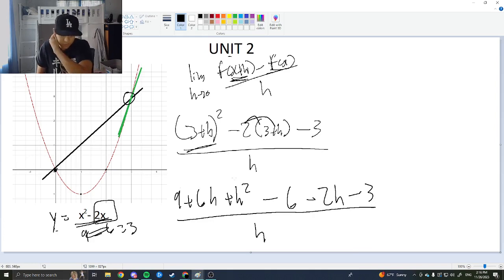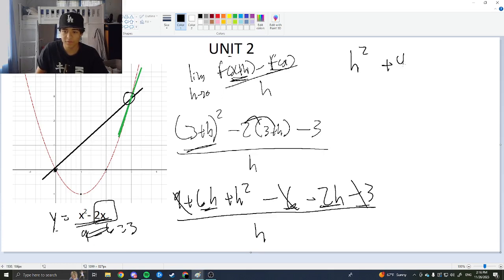And then this is algebra, we combine like terms: this negative 6 and this negative 3 cancel out with this 9, because it's 9 minus 9, so then you're left with h squared, and then 6h, negative 2h, plus 4h over h. We're so close, it's right there.